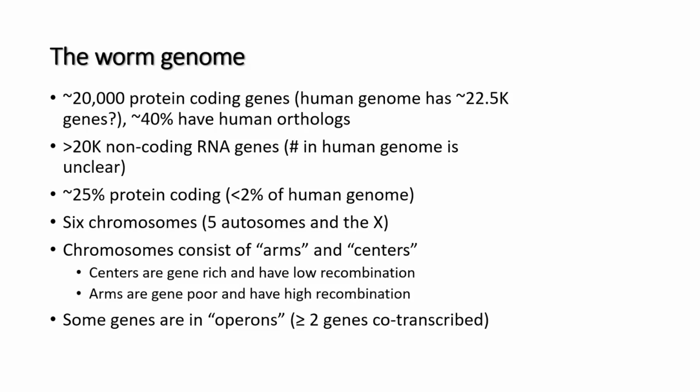It probably has something to do with self-fertilization. Yes, it probably does. But that is also, as far as I know, true of other Caenorhabditis that are outcrossing, that are not selfers.